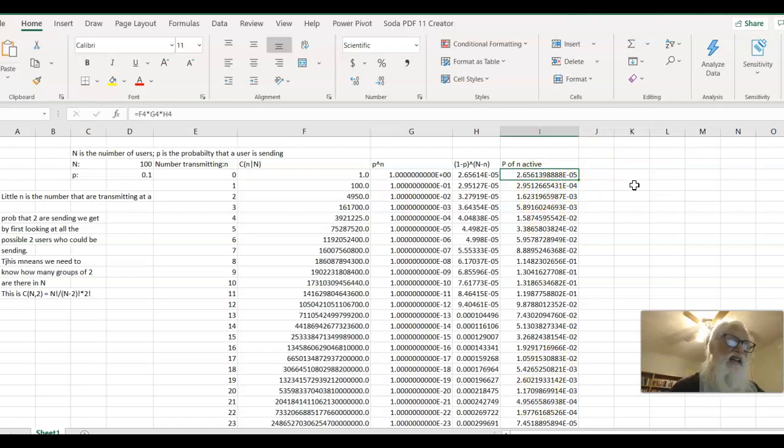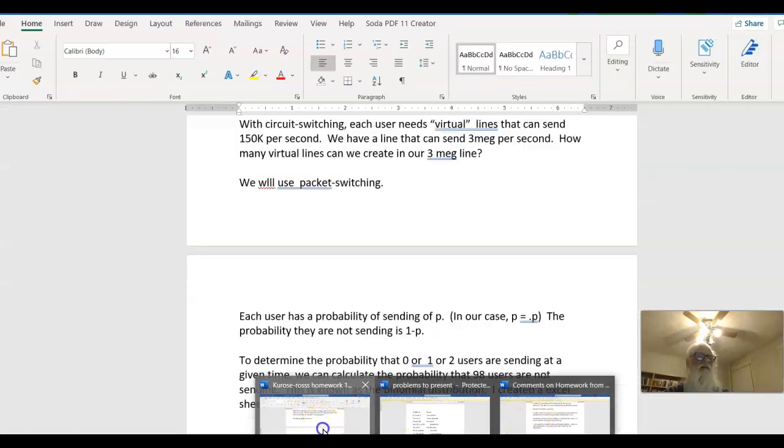So the probability that, say, 2 are active at a given time is 1.62 times 1 over 10 cubed. Those are the numbers you need to solve the problem, the last problem here.